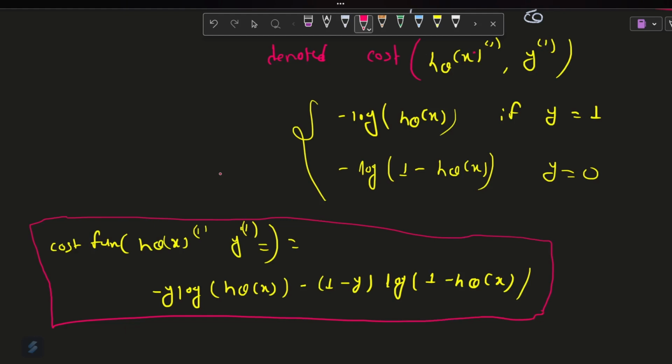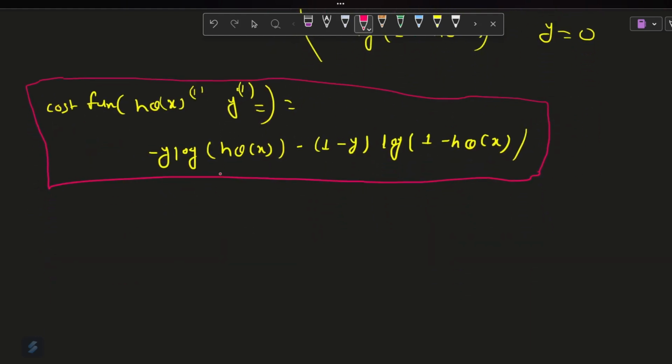Similarly, with respect to when we denoted h theta of x and y, this is the real cost function.